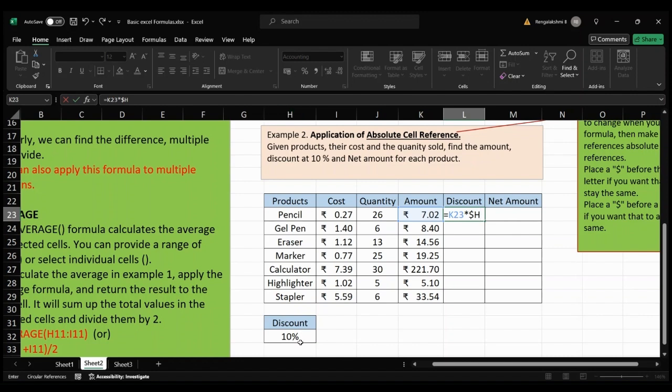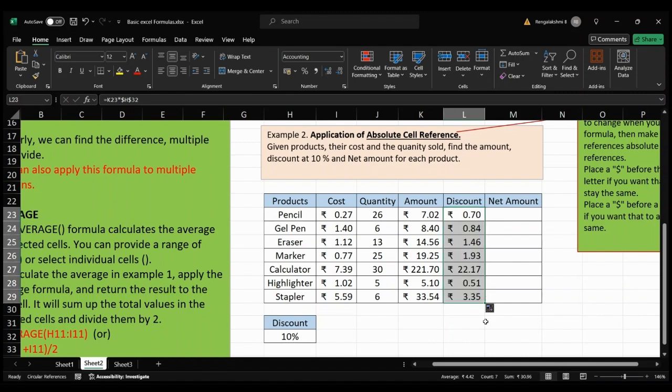So I'll put $H and then $32. Okay. So we got this, 10% discount on this. Now we'll do formula autofill, and we got the answer here.